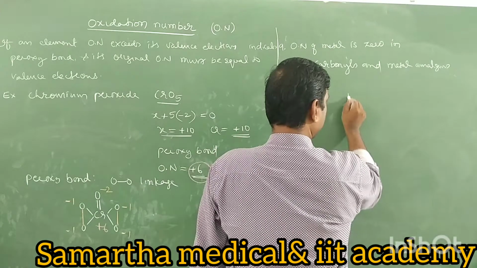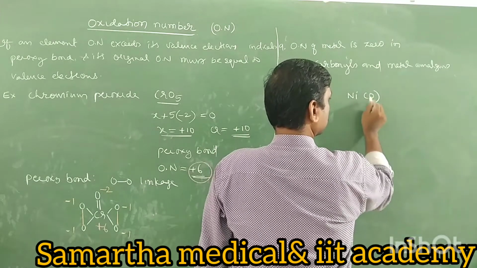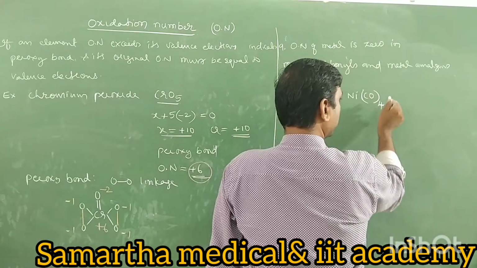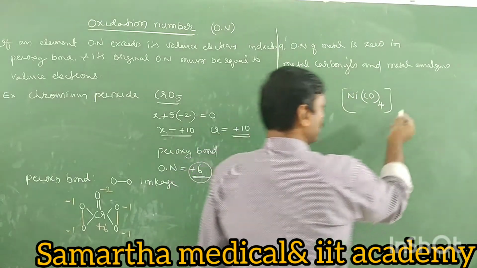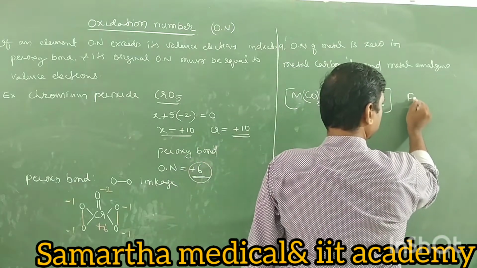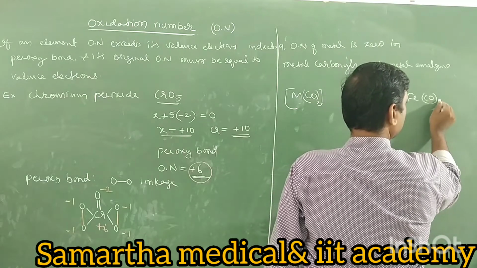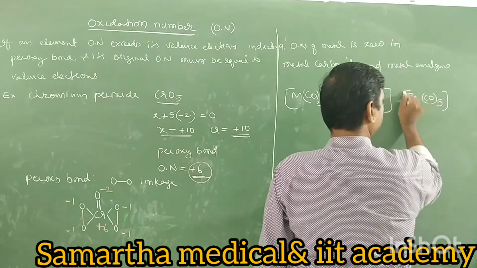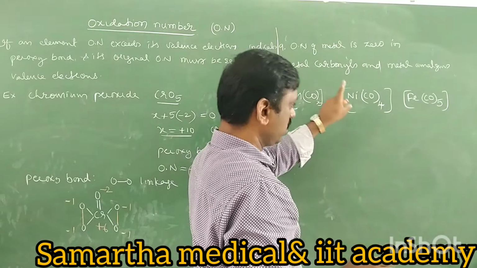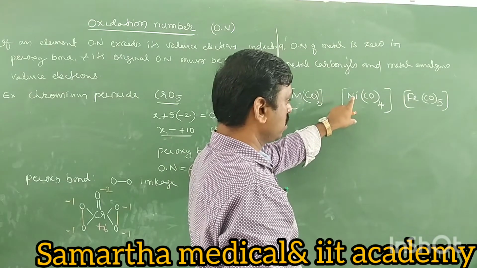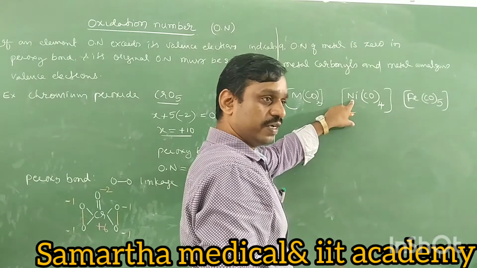For example, nickel is coordinated with 4 carbon monoxide. It is a metal carbonyl. Like iron, iron has a complex compound with 5 carbon monoxide. Therefore, in all metal carbonyls, the metal has 0 oxidation state.